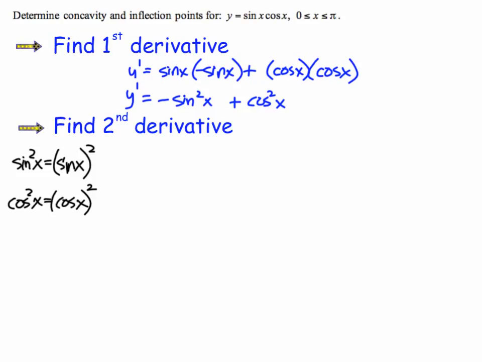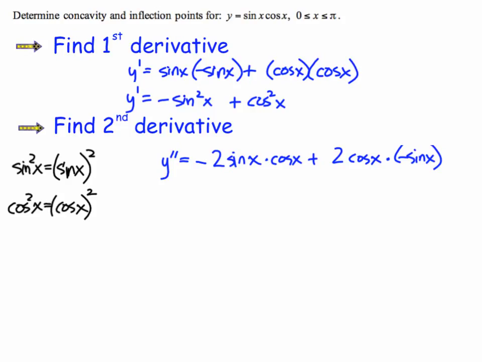Now I need to take the second derivative, and I'll need to keep this information in mind because I will use the power rule to find it. The derivative of negative sine x all squared: the 2 comes out front, so negative 2 sine x, to the exponent 1, times the derivative of what's inside, and the derivative of sine x is cosine x.